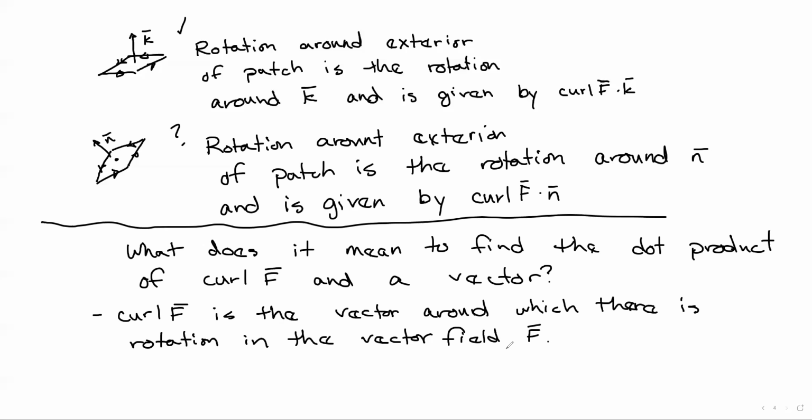So if we have rotation in the vector field, the curl of f goes through, finds the rotation, and you end up getting a vector around it. So this vector here, this is the curl of f. Okay, so that's what it means to calculate the curl of f. It's the vector around which rotation occurs. So it's basically in the middle of the rotation.